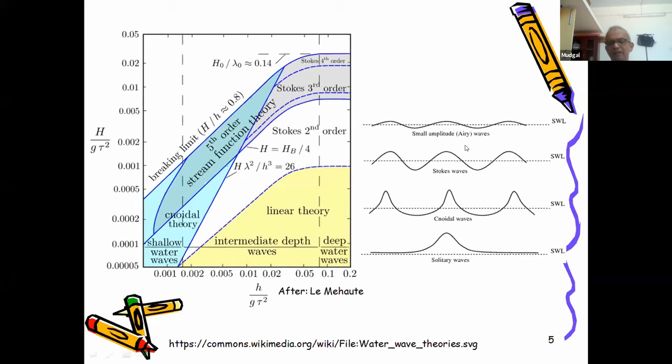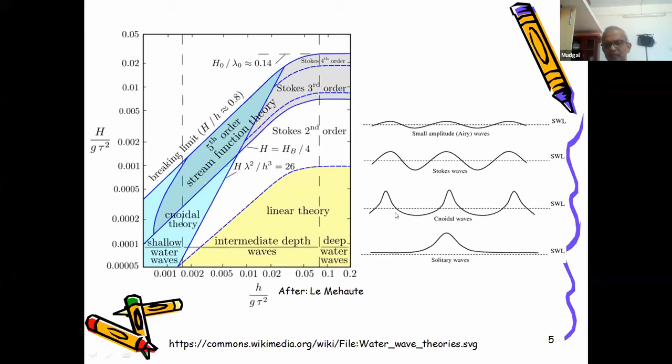Okay. Whereas when you have these higher order waves, what happens is that the height of the wave goes on increasing, and because of the increase, or rather the decrease in the depth, there is an effect on the trough region.